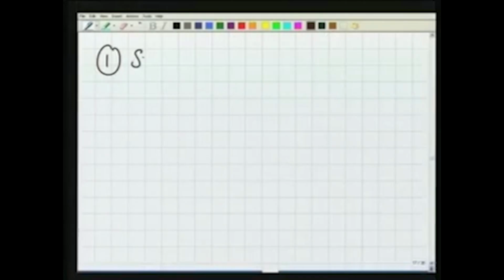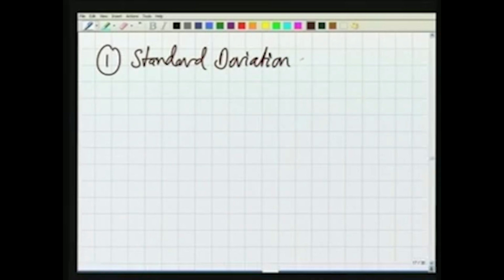Now, how about the measure of precision? The measure of precision, number one, we say standard deviation for weighted observation or weighted data. The same thing, we just put a little w here to indicate that this is weighted.